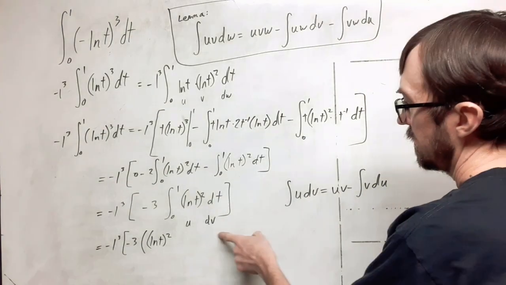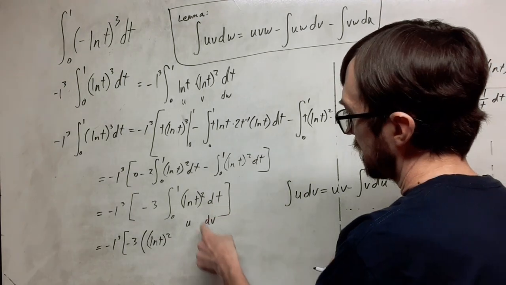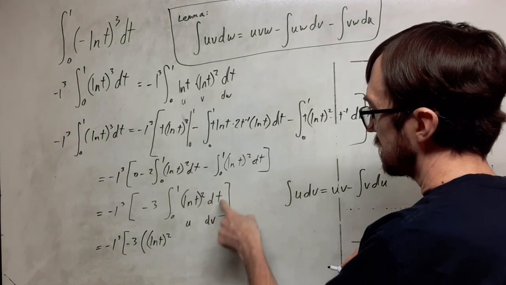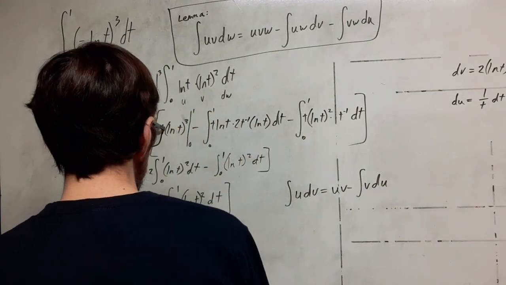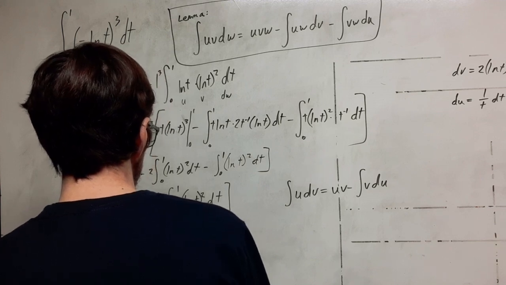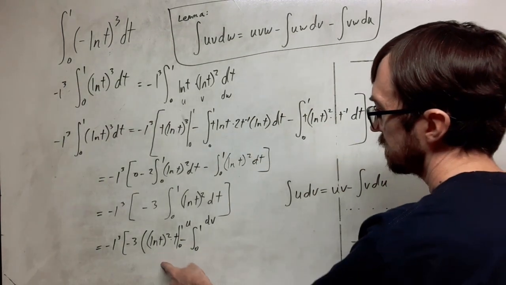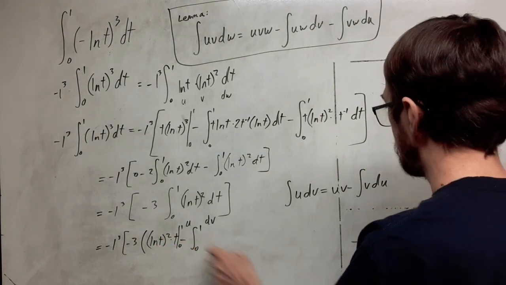The v here we get by integrating here. We have dt equals dv. Integrating those, v is equal to t. And we're evaluating that from 0 to 1 also. Over here, this integral is going to be from 0 to 1.